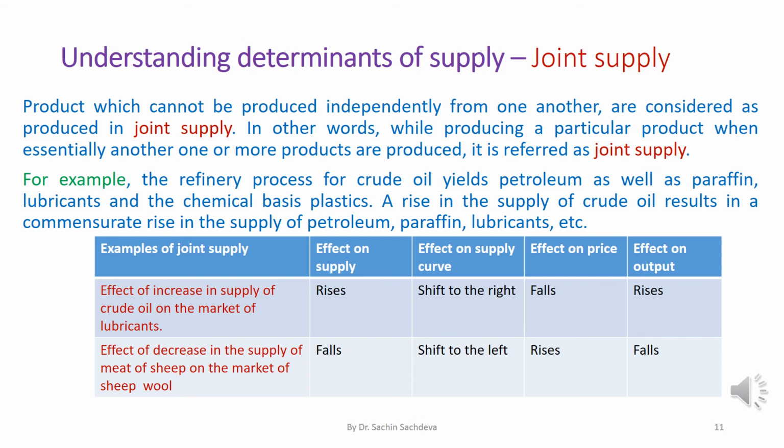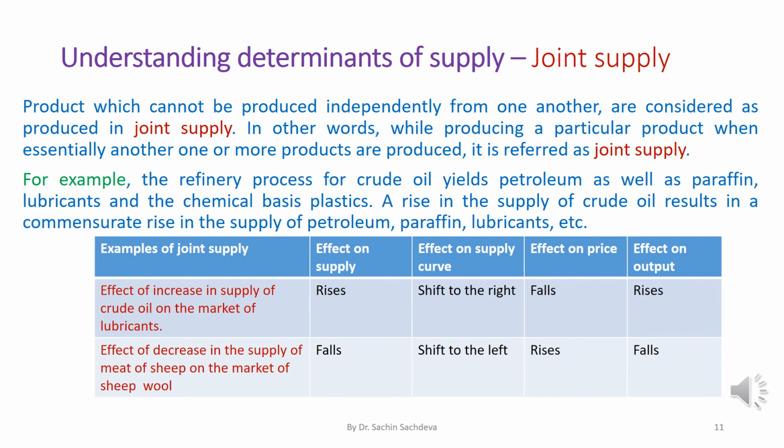In India, out of them, some 150 products are produced. Petroleum, paraffin, lubricants are among those 150 products. So if the supply of crude oil is going to increase, now crude oil is going to be refined. So when refining of crude oil happens, supply of petroleum, paraffin, lubricant all may increase.